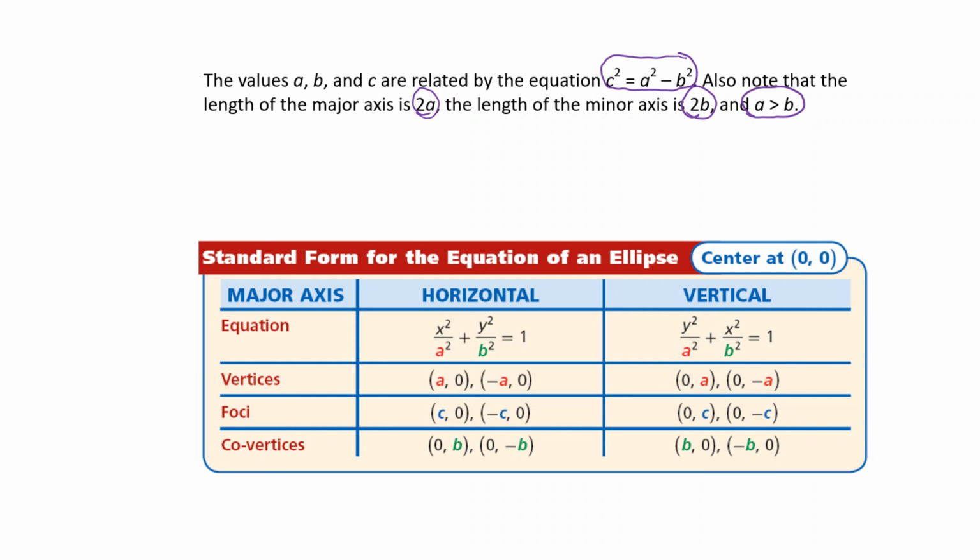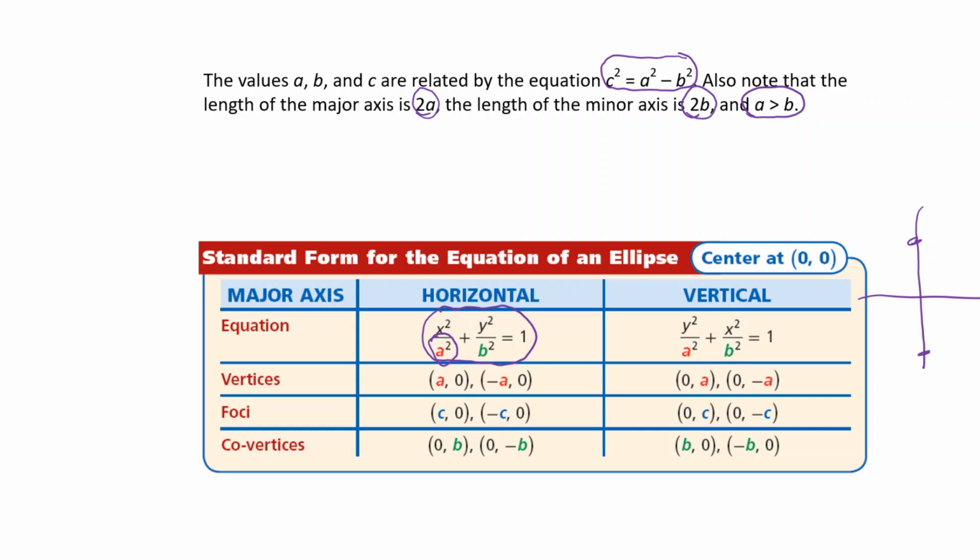So let's take a look at the equation. If it's horizontal, it's going to be x. Okay, remember horizontal, the major axis is a. So it's x squared over a squared plus y squared over b squared. Now notice if it's vertical, that means our major axis is on the vertical, which is with the y.